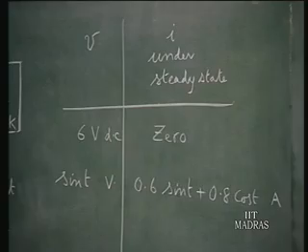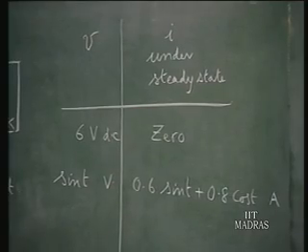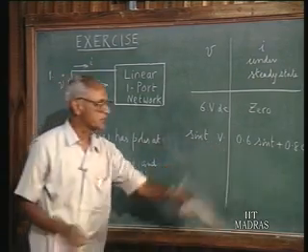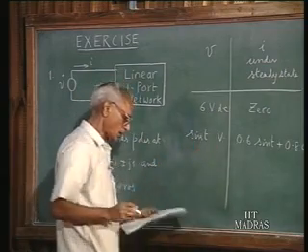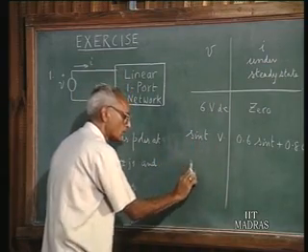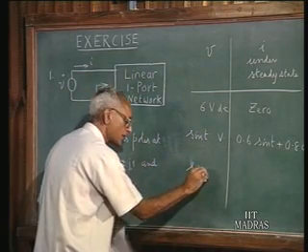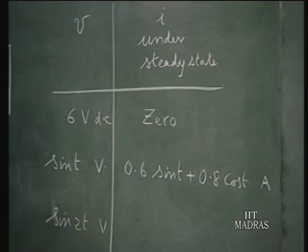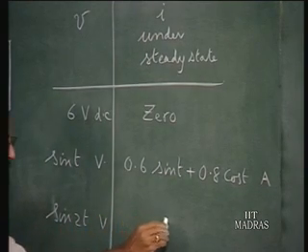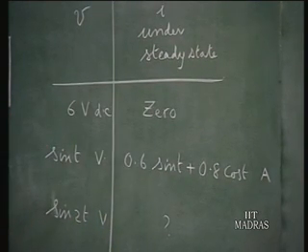So, when you drive this 1-port network with a sinusoidal input voltage sin t, this happens to be the current. You are asked to find out the current when the input is sin 2t volts. If the input is sin 2t volts, what is the steady state current for this network?